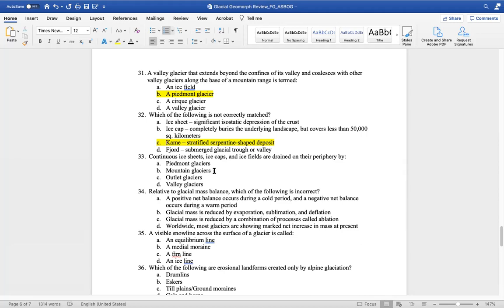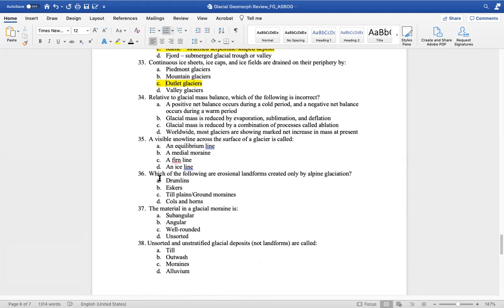Mountain glaciers are alpine glaciers. Valley glaciers are also alpine glaciers. Outlet glaciers, if you just saw that on its own, you might think that's a trick question, but in this case it is the correct answer. They do drain ice fields and ice sheets. So outlet glaciers.